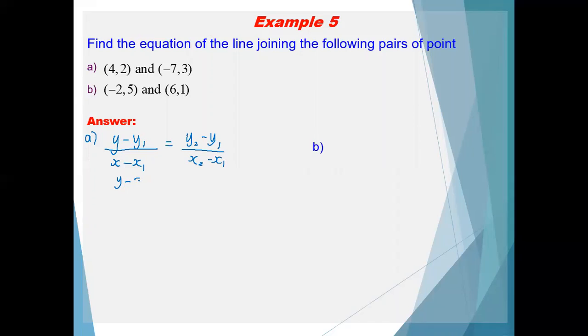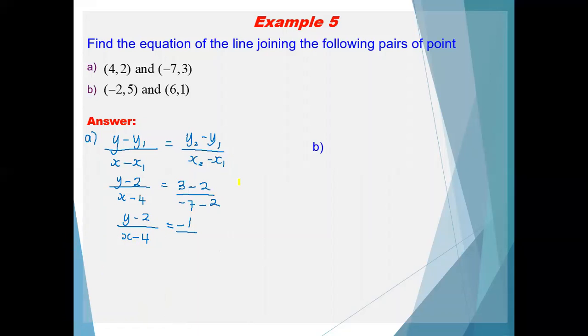So y minus 2 over x minus 4, x2 y2 is 3 minus y1 2 over x2 negative 7 minus x1 4.